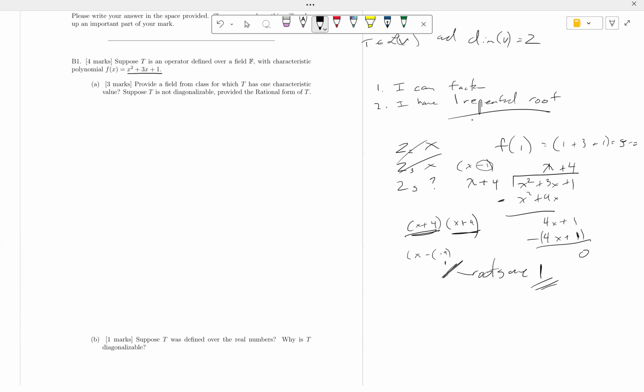But it does work, meaning that if F equals Z mod 5, then there is a repeated root, so there is one characteristic value.